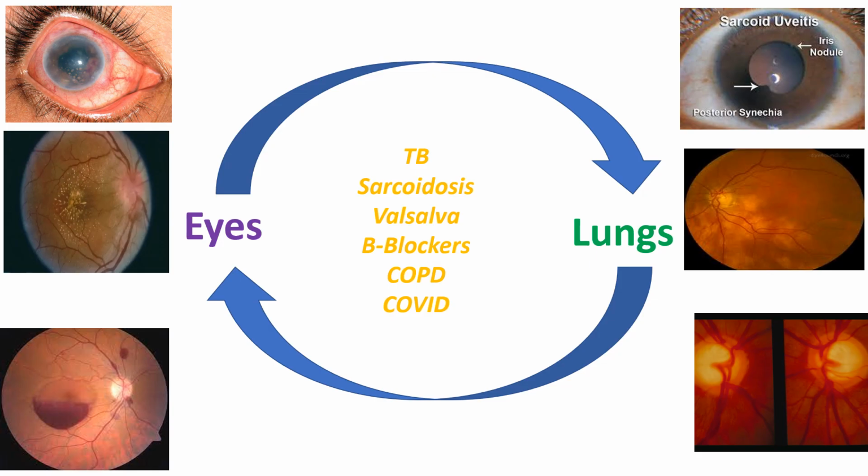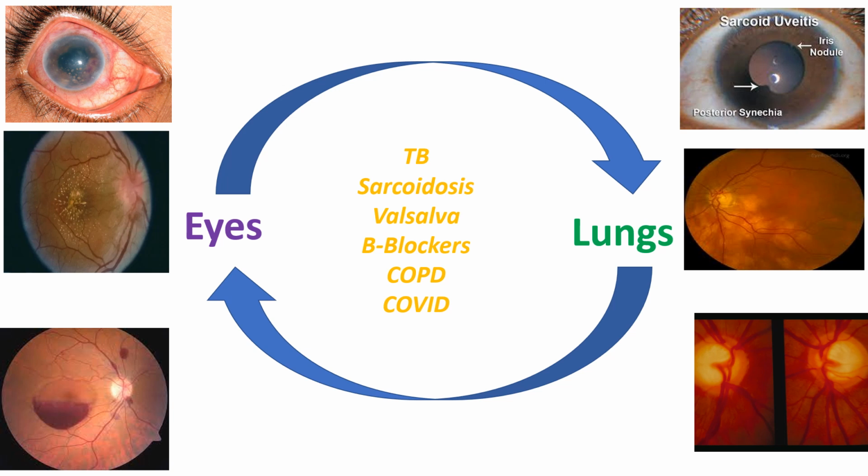The interface between eyes and lungs is well known through the effect of TB on the anterior segment and the posterior segment of the eye. Sarcoidosis is a well-known cause for both anterior and posterior uveitis. Valsalva retinopathy is a pre-retinal hemorrhage which occurs from intensive coughing.